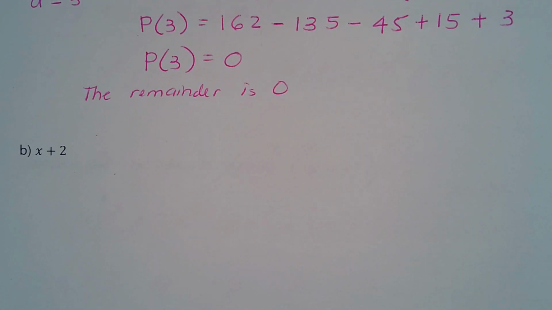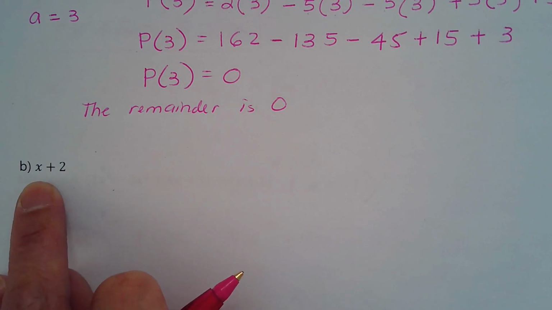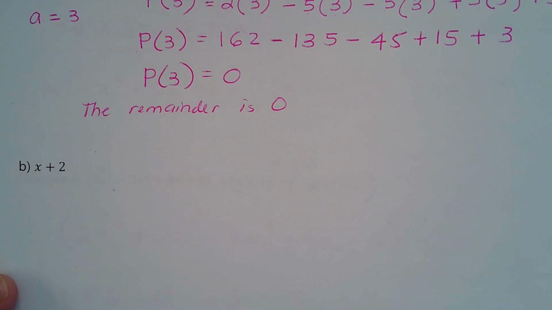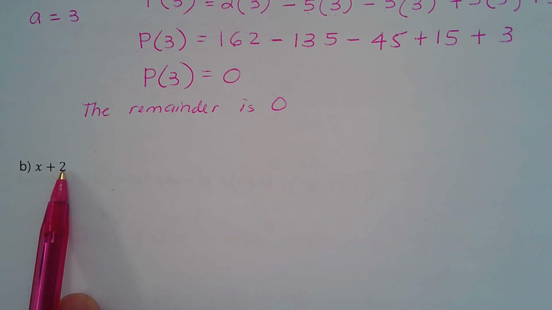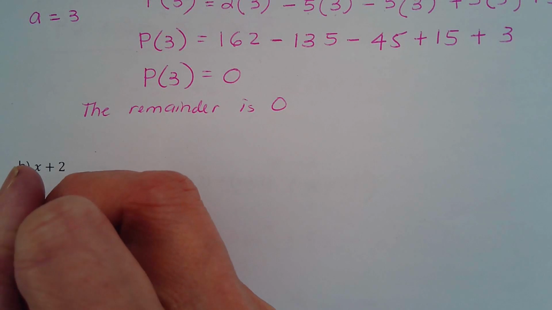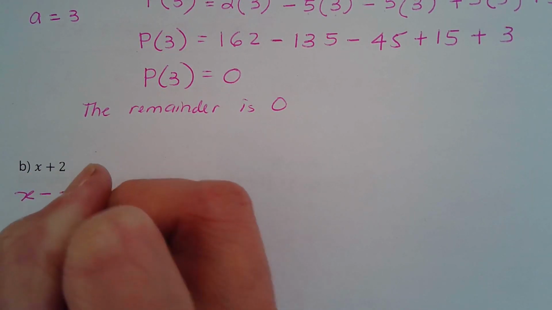Now let's try the other one. Let's try the x plus 2. We're still using the same polynomial, but we're now dividing it by x plus 2, and we want to figure out the remainder. So what is the a value? X minus negative 2, right?